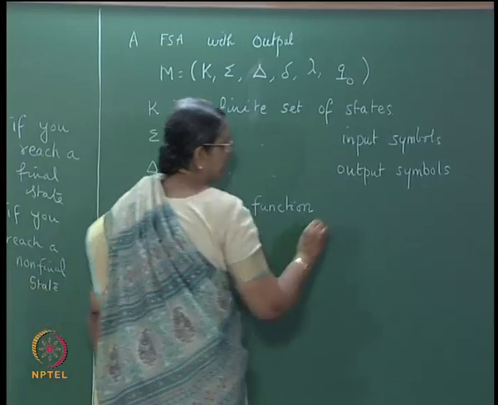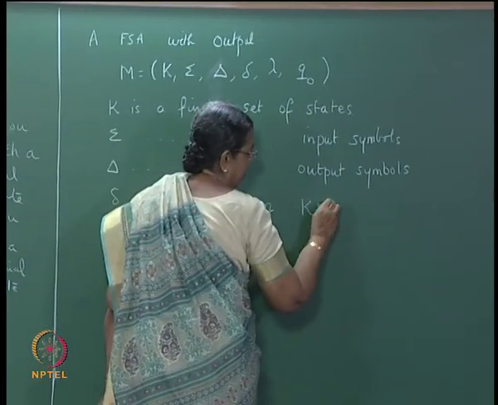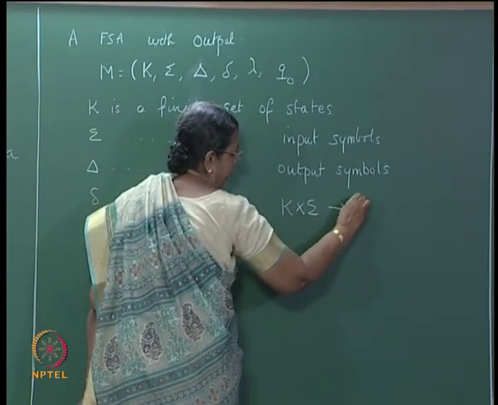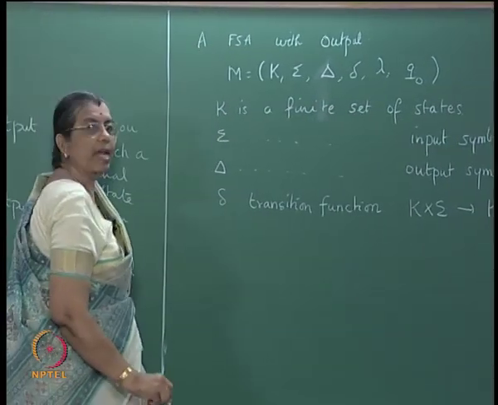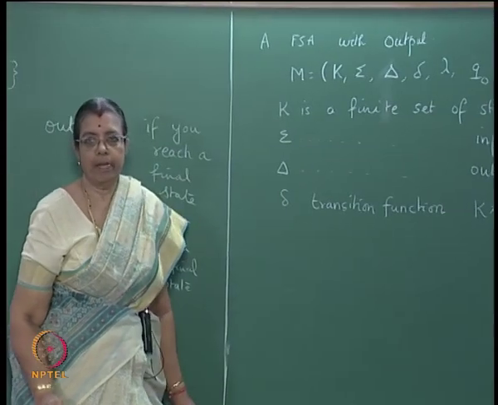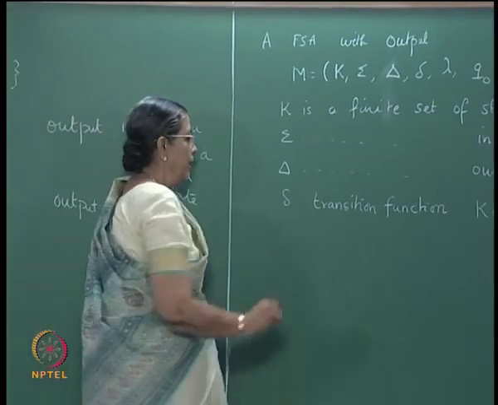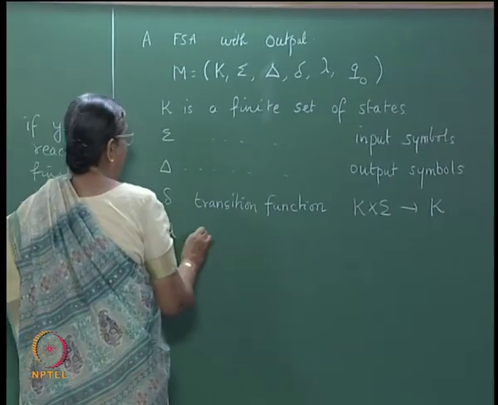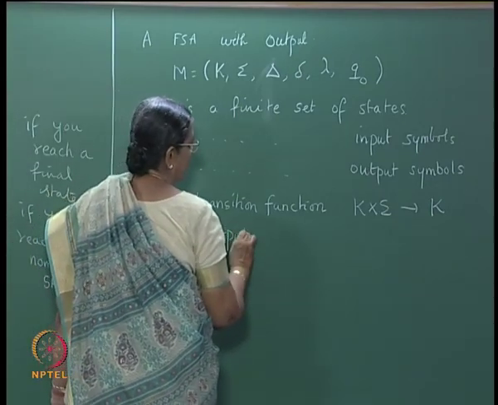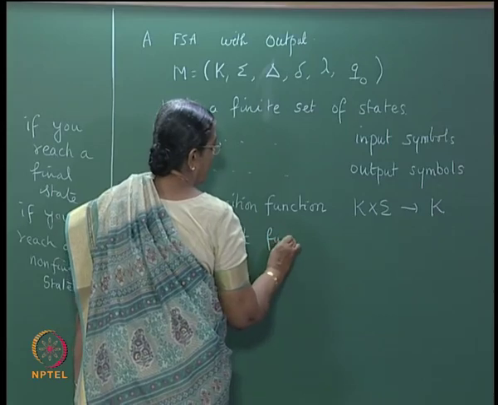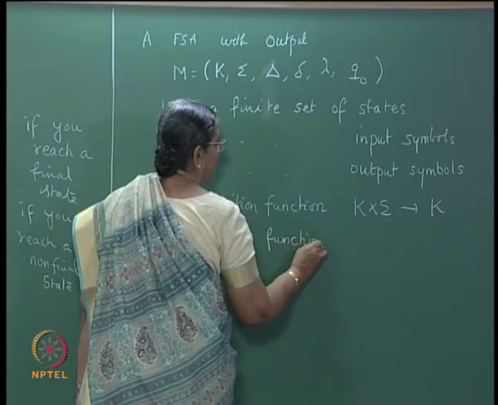And it maps K cross sigma into K. We are considering a deterministic machine here. Lambda is the output function. Let us see what it is in a moment.